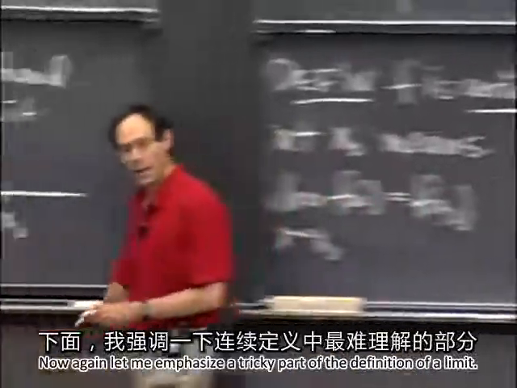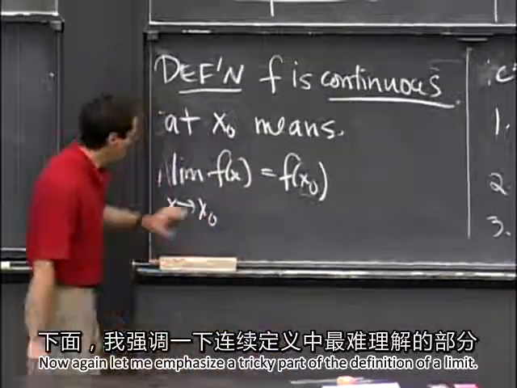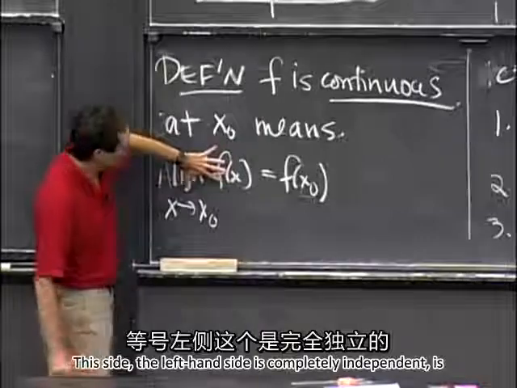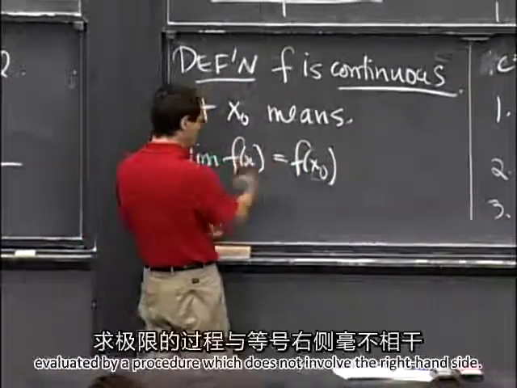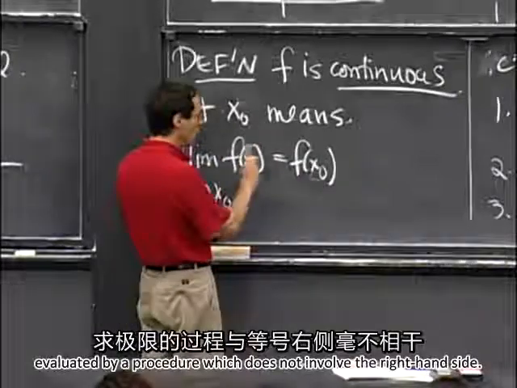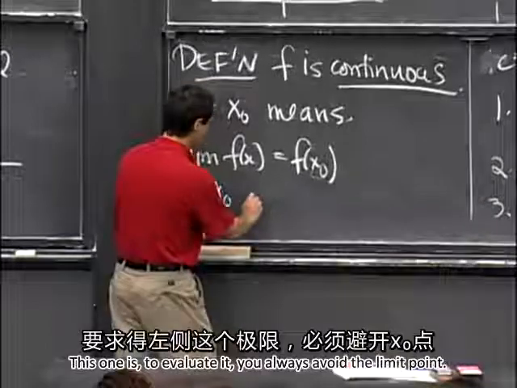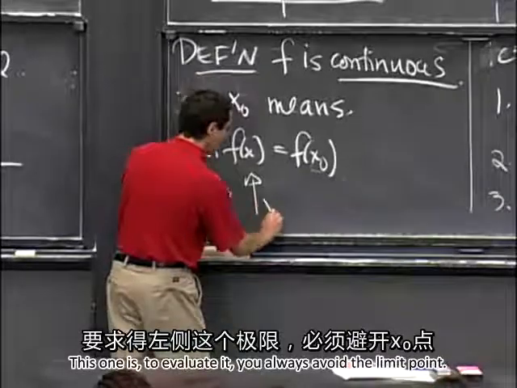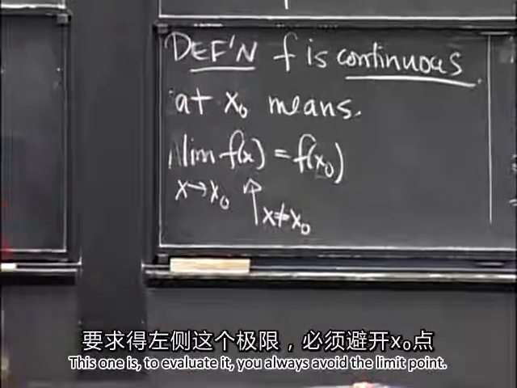Now, again, let me emphasize a tricky part of the definition of a limit. This side, the left-hand side, is completely independent, is evaluated by a procedure which does not involve the right-hand side. These are separate things. To evaluate the limit, you always avoid the limit point.